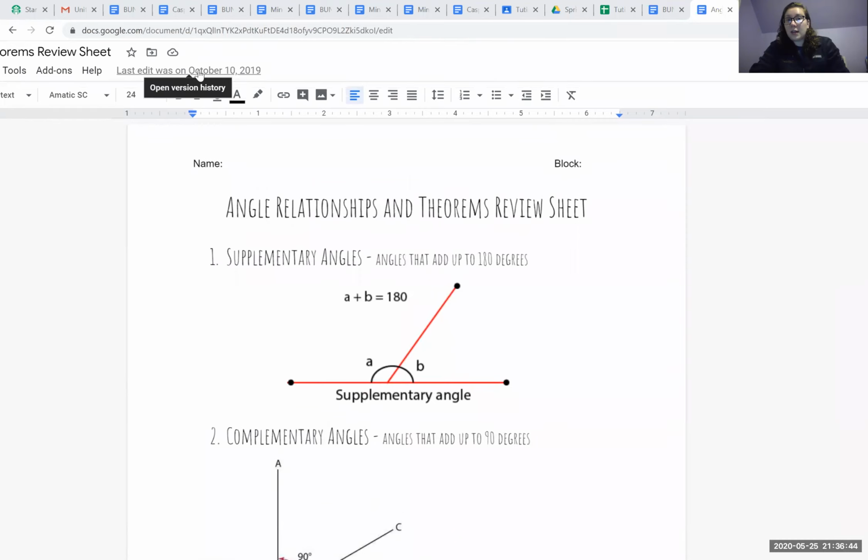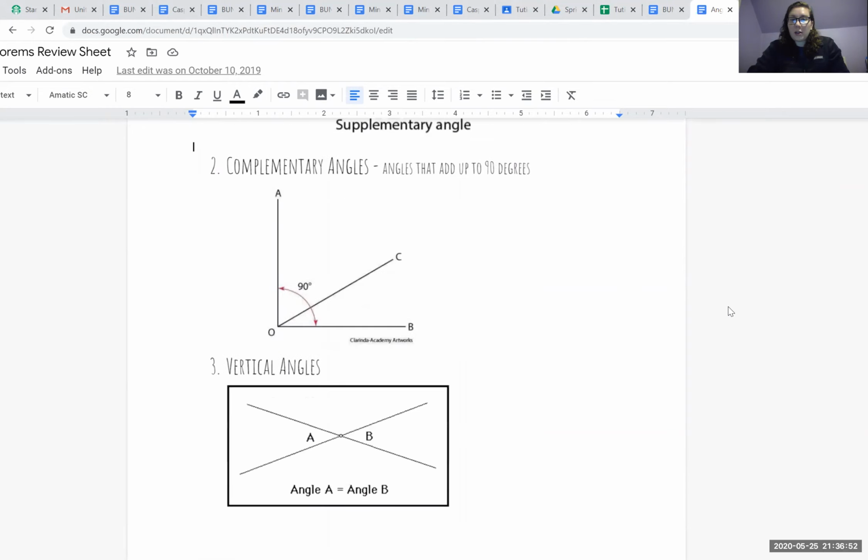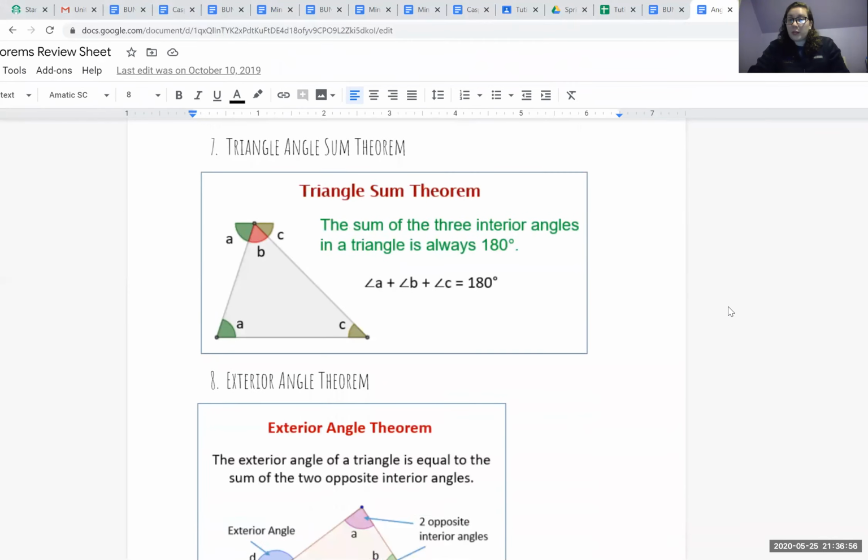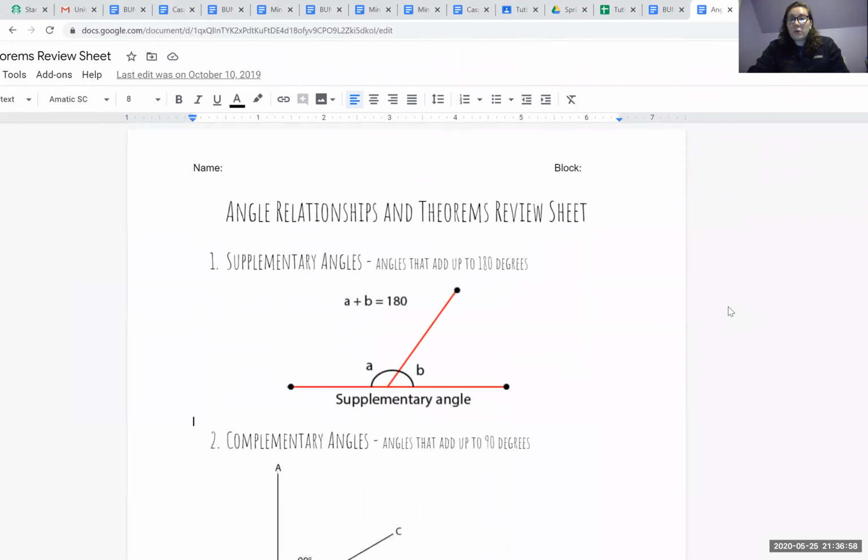As you can see, the edit date, October 10th. So what is this sheet? So this sheet breaks down every single angle relationship and theorem that we worked with. So if you can recall, in my classroom, I have the anchor charts up that have all the angle relationships. So when you guys could look at the walls and be like, oh, that's what supplementary means.